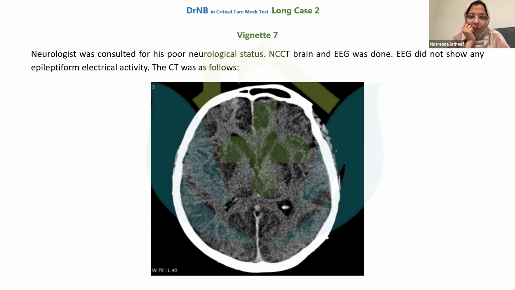There is shrinkage of the brain seen. The sulci and gyri can be clearly seen. You can see sulci and gyri. Are you able to differentiate?